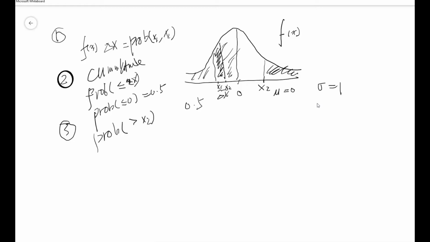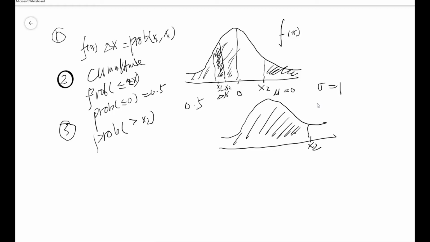Because the whole area under the density function is 1, it is the complement. I draw another one, and suppose this is x2 with a vertical line.